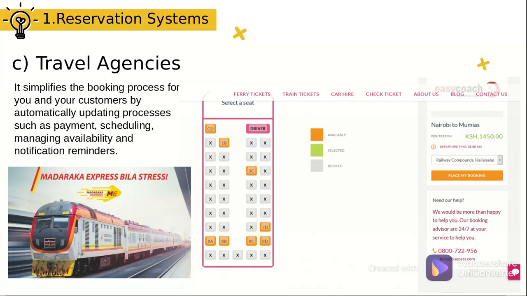Like you can see here, for example, this snapshot of this software gives me as a passenger that freedom of selecting the specific seat that I want on this bus on a particular schedule or on a particular date.